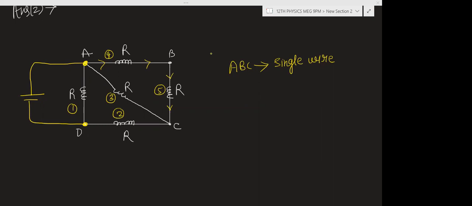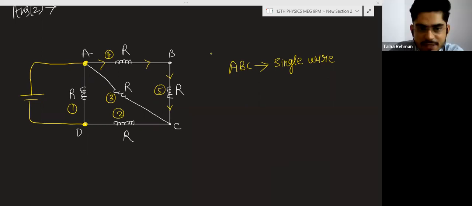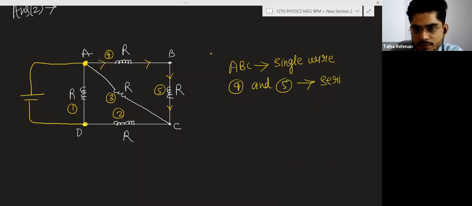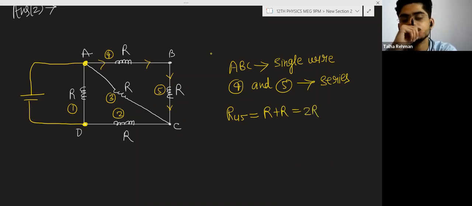Sir, series. Yeah, series. So you can say resistance 4 and resistance 5 are in series. So can you find resultant of R4 5? Means you will write R plus R. This will become 2R. So R4 5 we have.